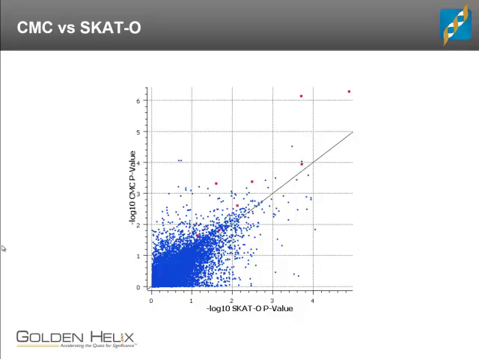Now, just a more direct comparison in this case of CMC versus SKAT-O, I want to point a few things out. Number one was this result here at the upper left. This was the 4th and 5th best genes in CMC. They happen to be overlapping genes. One of them is, let me check my notes here, ST20.